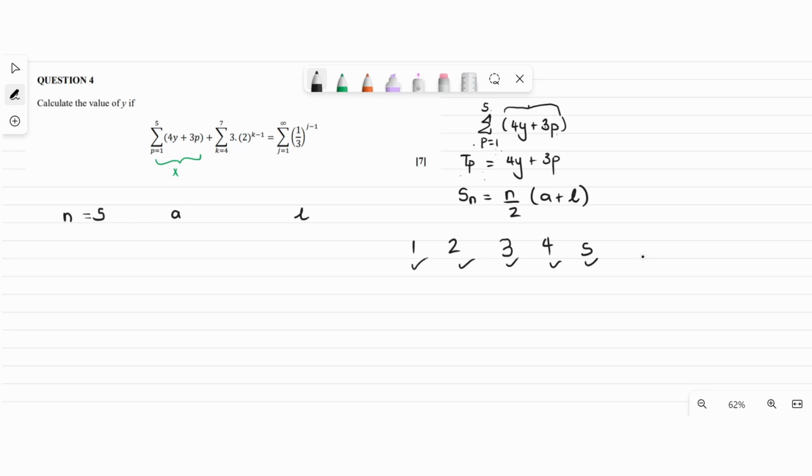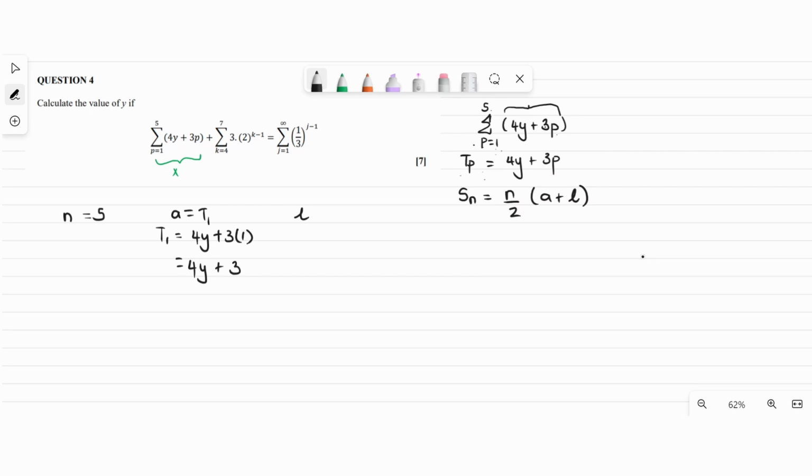Then we need a, and a is equal to T1, using Tp. So let's find our T1. T1 is equal to 4y plus 3, and wherever we see p, we substitute 1. So we say 3 times 1. Therefore, this is equal to 4y plus 3. Then what is our last term?